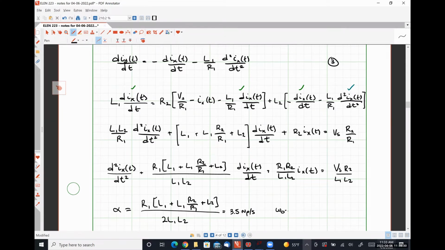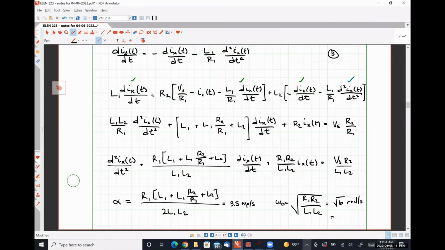Omega naught is going to be the square root of R1 R2 over L1 L2. That's the square root of 6 times 4 over 2 times 2, or the square root of 6 radians per second, where the square root of 6 is 2.449 and some change radians per second.